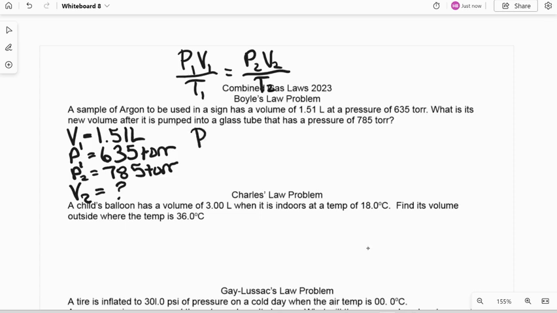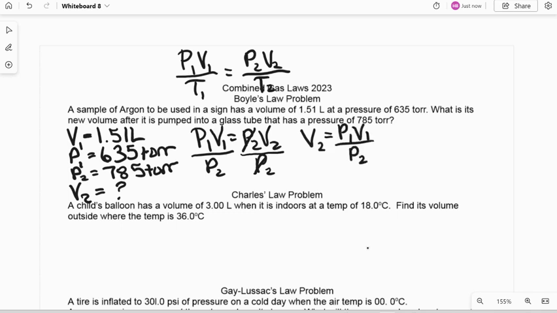And my formula becomes P1V1 equals P2V2. I'm going to rearrange this formula to solve for V2. How I get V2 by itself is to divide each side by P2. That cancels these out, and my formula becomes V2 equals P1V1 over P2.